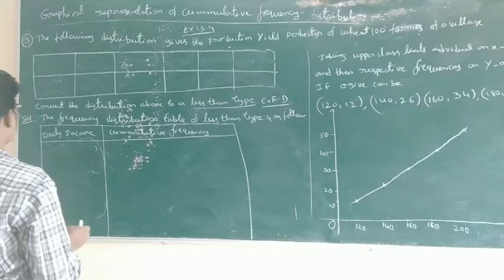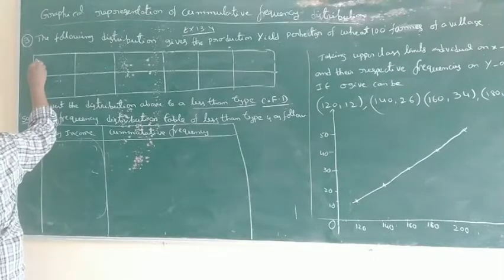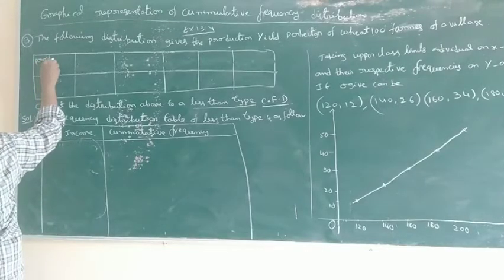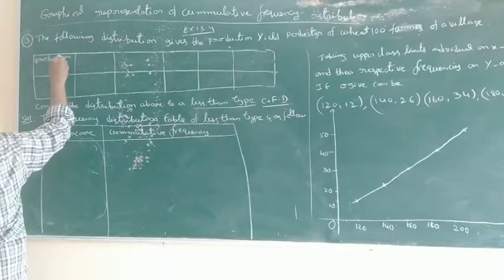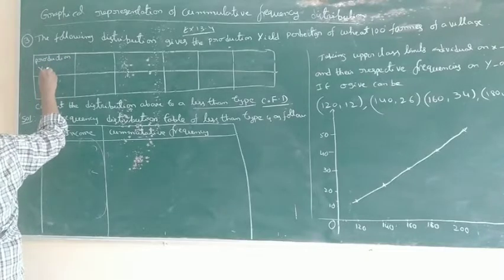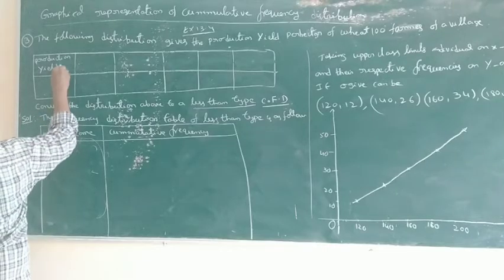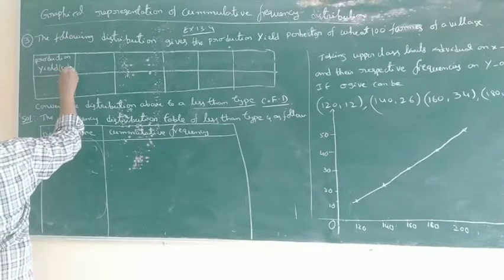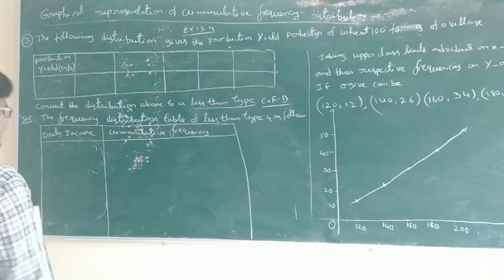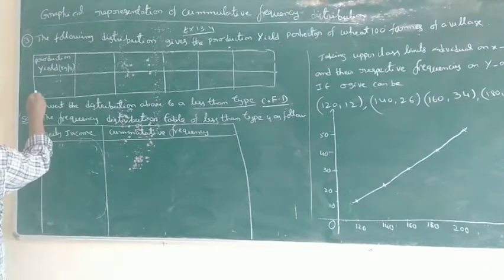The production yield table is: production yield in kg per hectare, and number of farms.